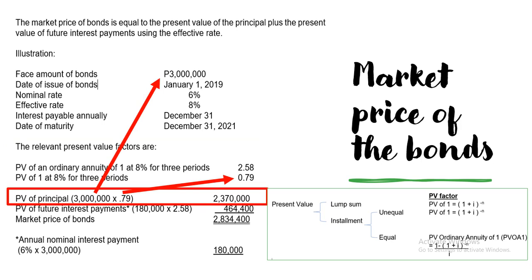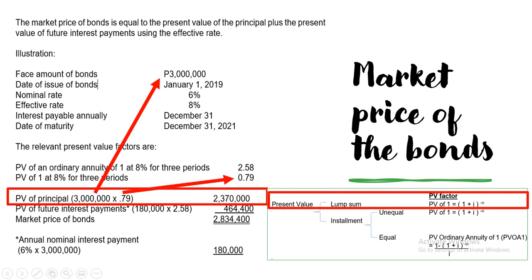So bakit we use present value of 1? Kasi nga, di ba this is lump sum payment, one-time payment yung principal that is to be paid at December 31, 2021. So, remember this pro forma. Ayan. So, present value lump sum payment, that's why we use present value of 1.